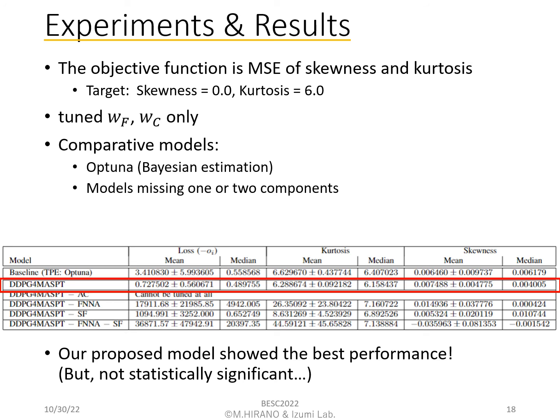We chose only two parameters, and as comparative models, we employed Bayesian estimation and methods missing one or two of our proposed three additional components. According to our results, our proposed model shows the best performance.